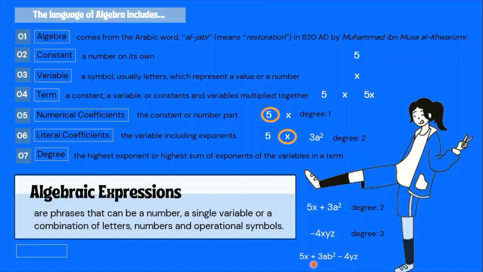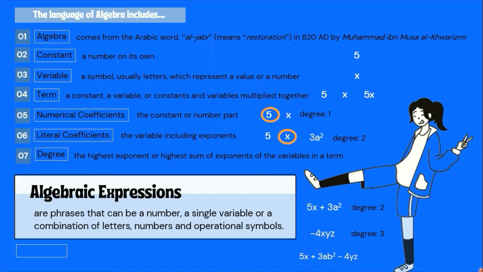So for example, ito plus 3ab squared. Itong 3ab squared ay positive. Say for example, minus 4yz. Itong 4yz ay negative. Itong 5x ay walang plus or negative sign. Automatic na ito ay positive.